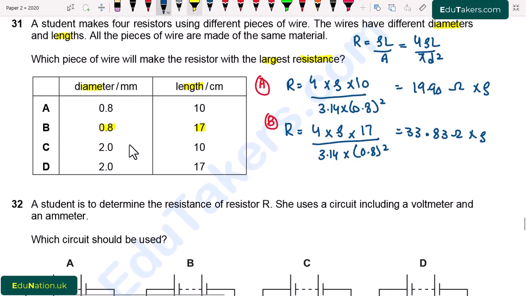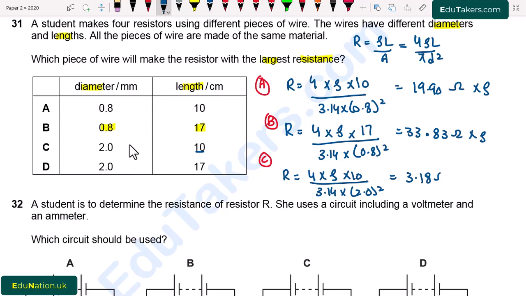For wire C, resistance will be equal to 4 multiplied by rho, length 10, divided by 3.14 times 2.0 square. So the resistance will be equal to 3.18 ohms multiplied by resistivity.